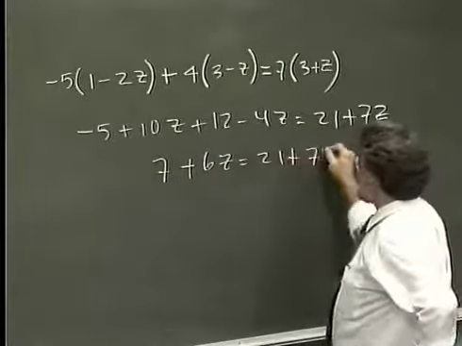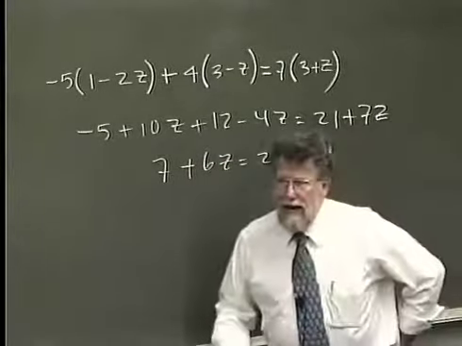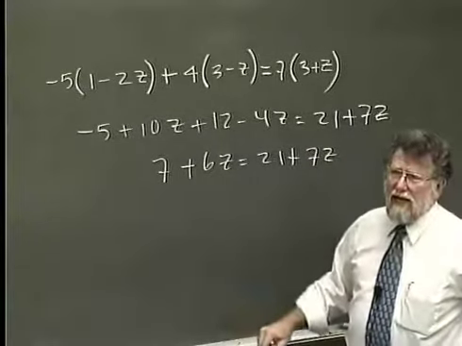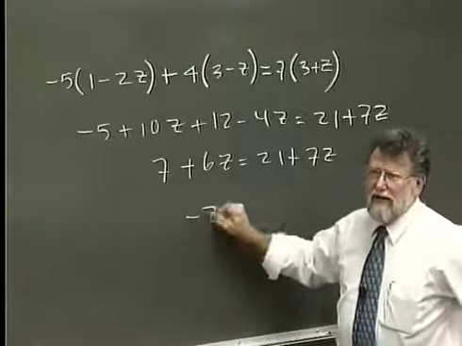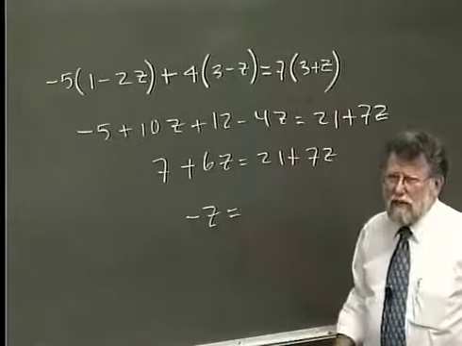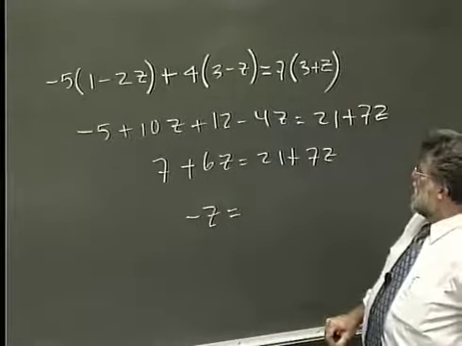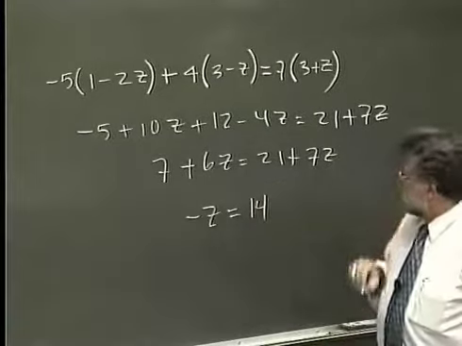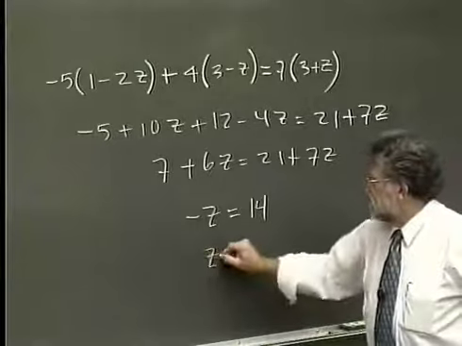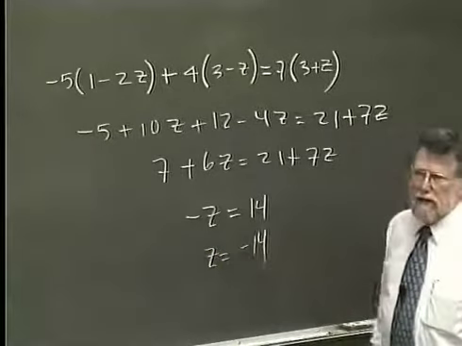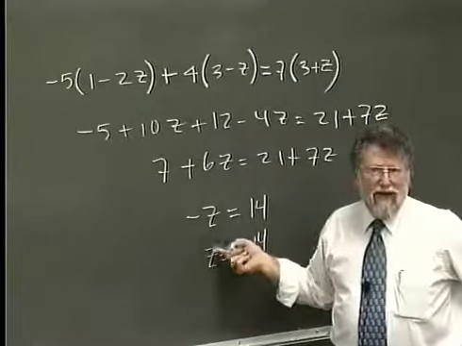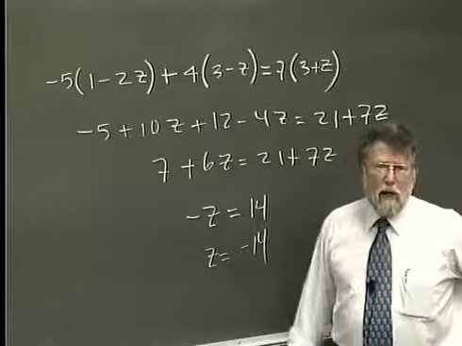I have 21 plus 7z. Then I'm going to add -7 to both sides, add -21 to both sides, add -7z to both sides, and I believe I get -z is equal to 14. Therefore, z is equal to -14. Now, that's what I do in practice. You're going to have more fun with that as you show some intermediate steps.